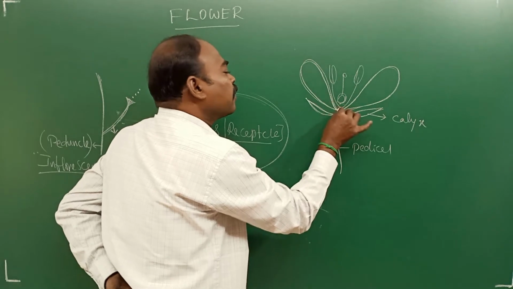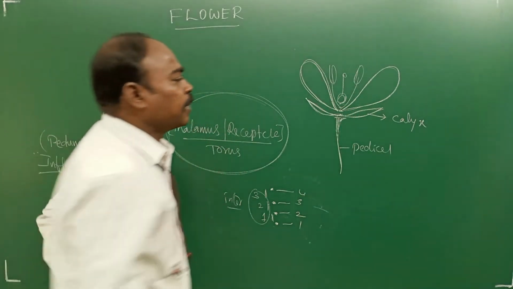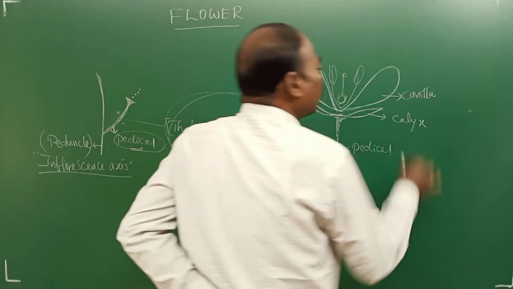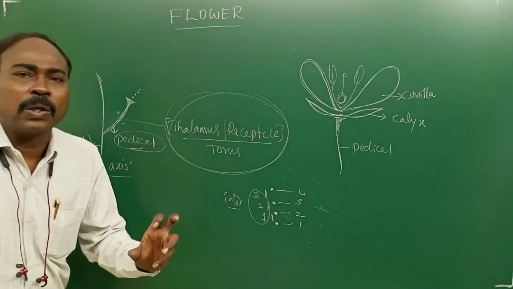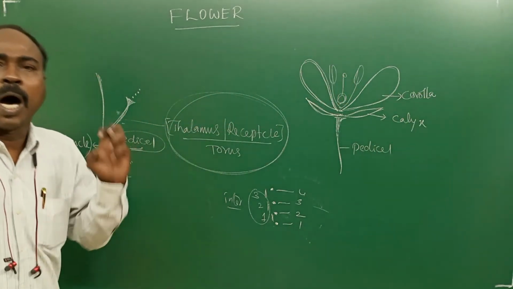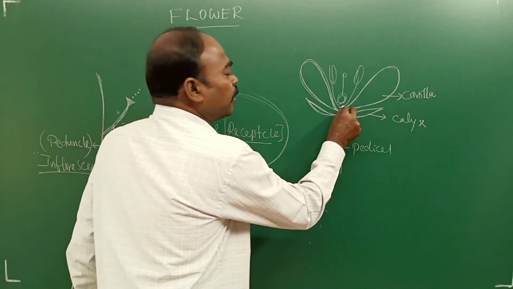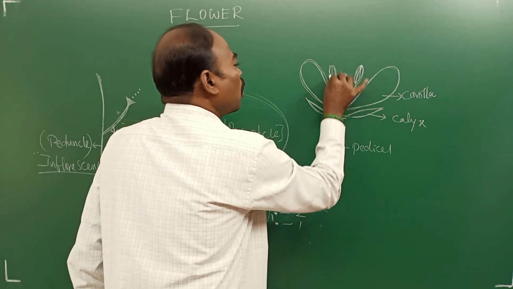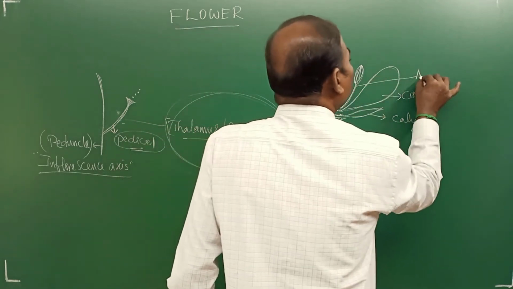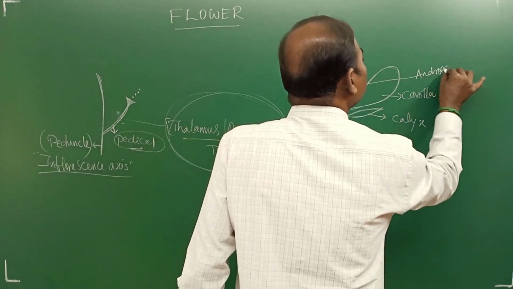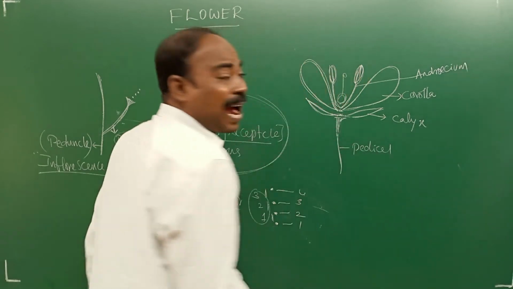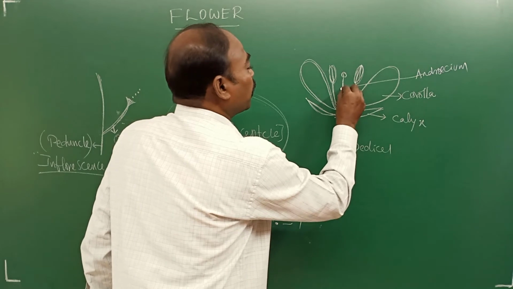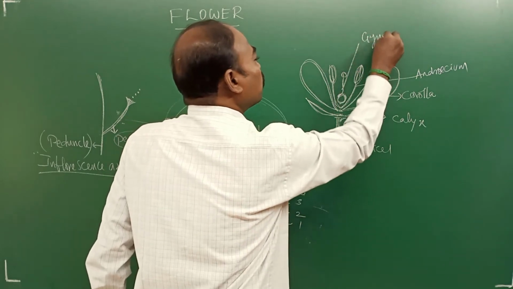The leaves which develop at the second node are said to be corolla. The third node produces modified appendage called androecium. Then the fourth node produces gynoecium.